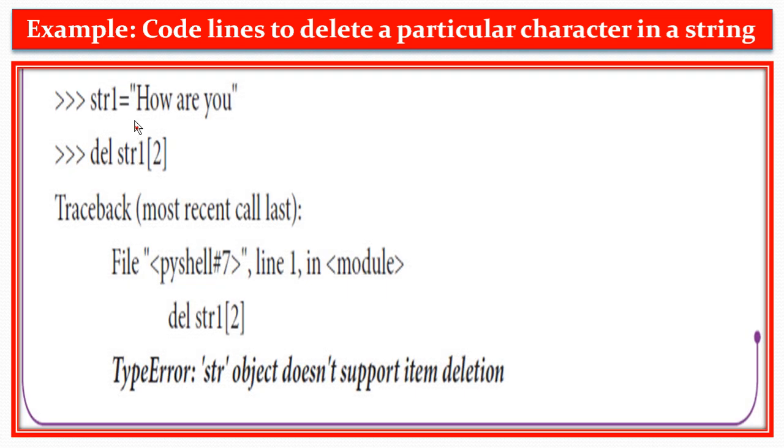Next example, code lines to delete a particular character in a string. These are the program codes to delete a particular character in a string, but it is not possible. str1 equal to how are you, del str1 of 2, this is not possible. So a type error is got by this coding.